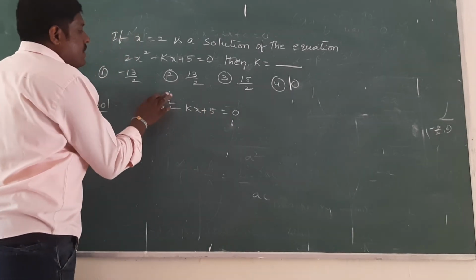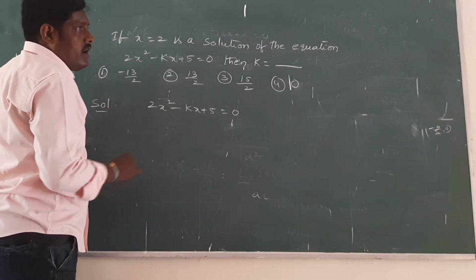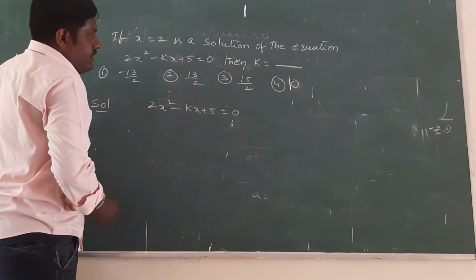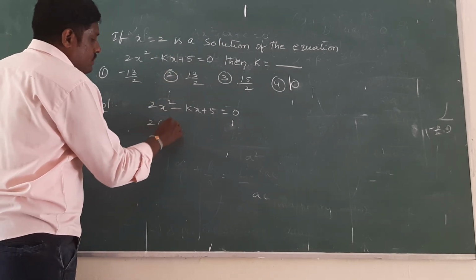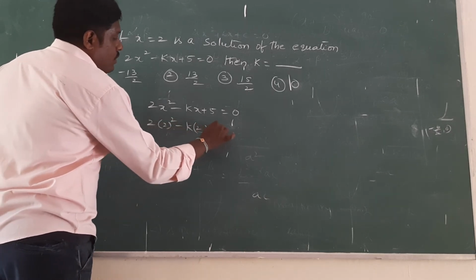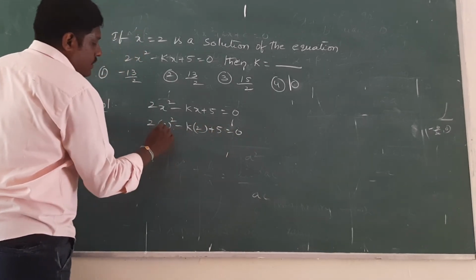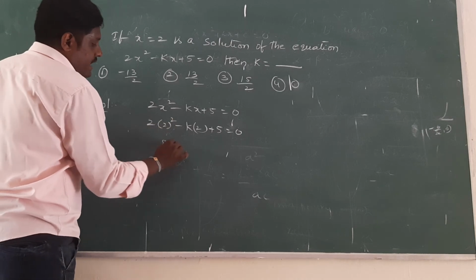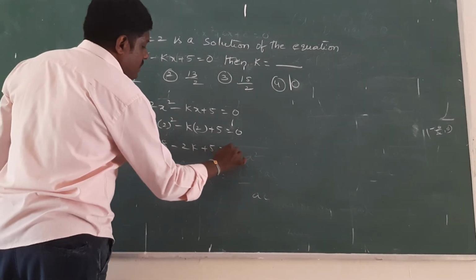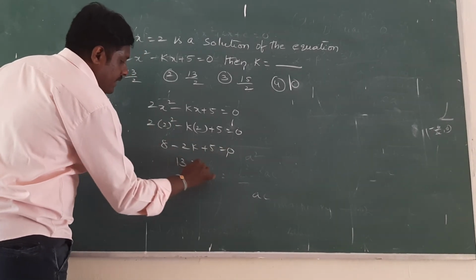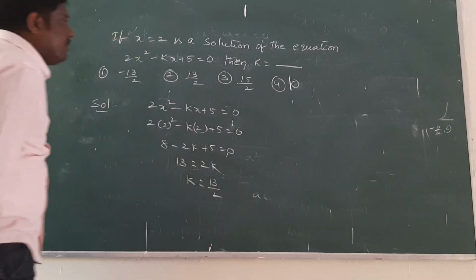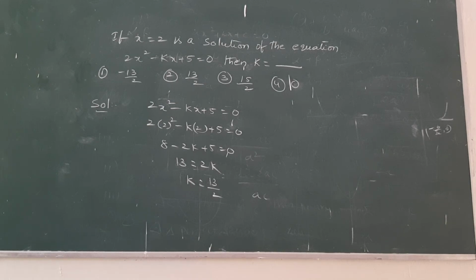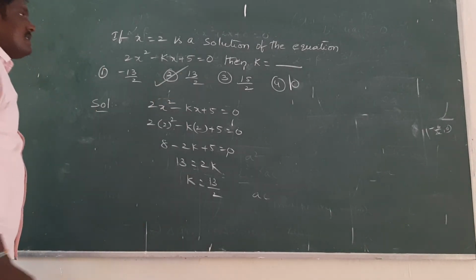Substitute 2 in place of x: 2 into 2 square minus k into 2 plus 5 is equal to 0. 2 square is 4, 4 twos are 8. 8 minus 2k plus 5 is equal to 0. 8 plus 5 is 13, so 13 is equal to 2k, k equals 13 by 2. So the second option is the correct option.